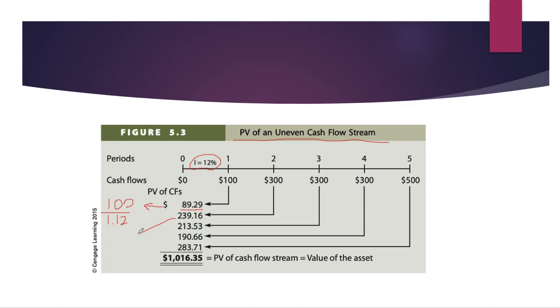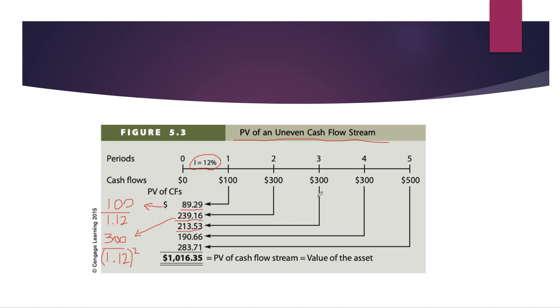Basically we obtain this as $300. Now this is the end of the second year, so you are going to have 1.12 squared this time because we have to discount, take it back 2 years. So that's the present value of the second payment. And you can continue to apply.